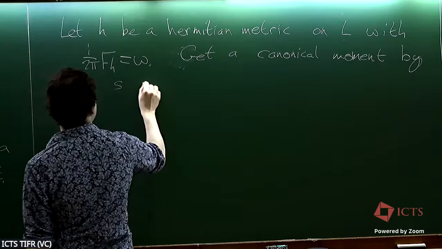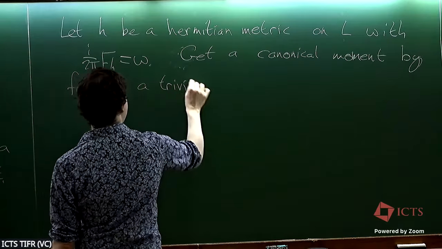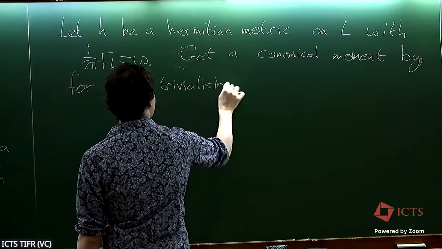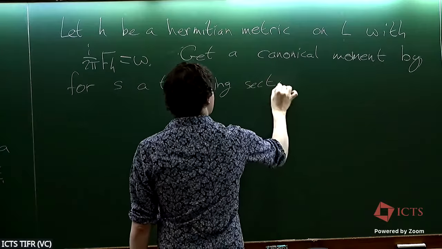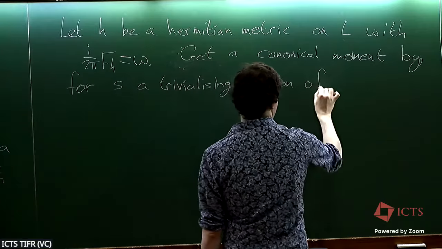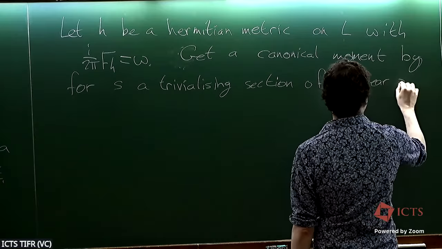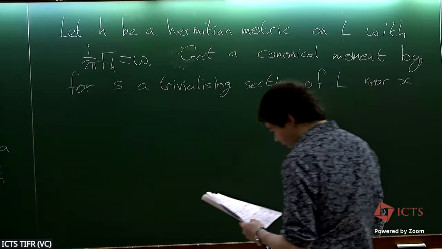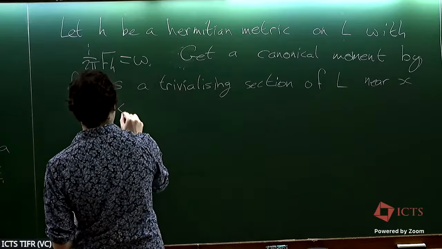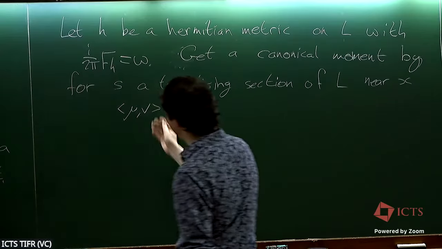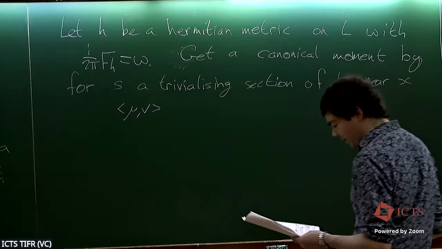So for s a trivializing section, so a nowhere vanishing holomorphic section, of our holomorphic line bundle near some point x. So what we do is we consider, so I need to give you a function after pairing with my element of the Lie algebra.